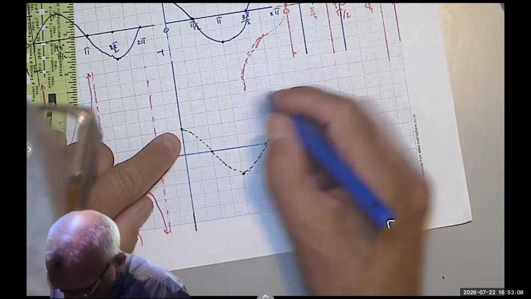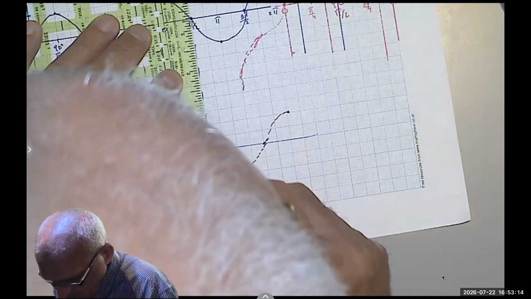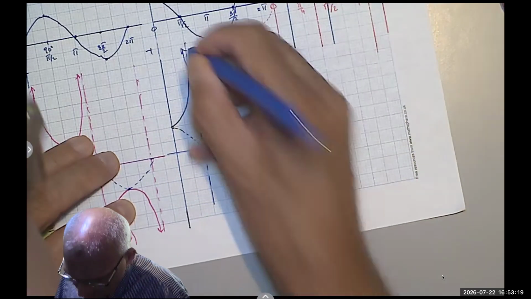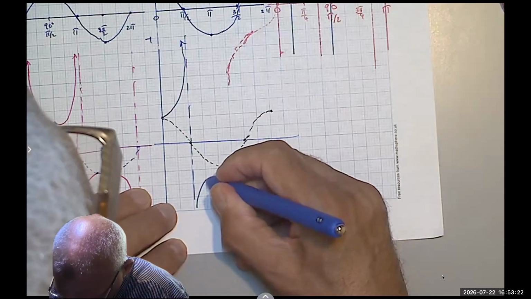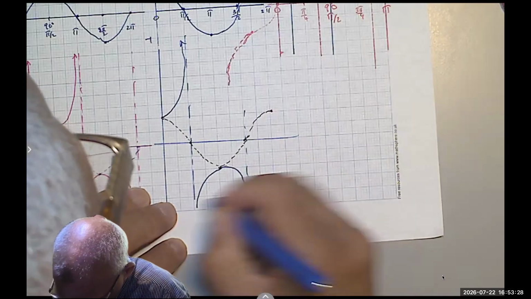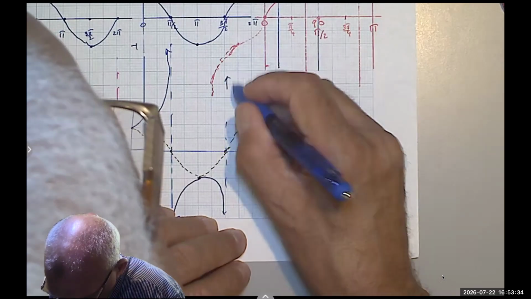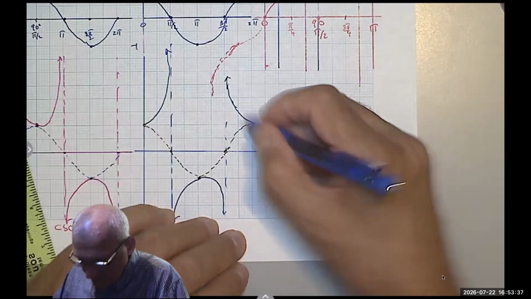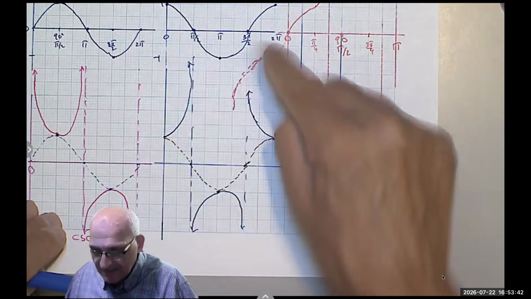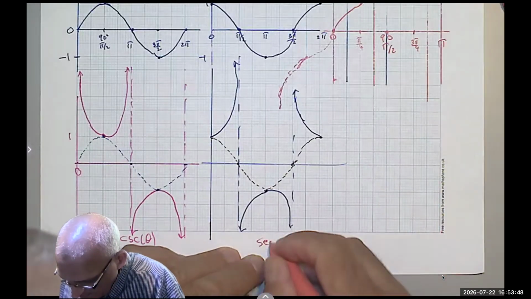Okay, so my graph starts at positive 1, and then goes asymptotic with this. And then it comes from negative infinity to 1, and then asymptotic with that. And then it comes asymptotic with this line, touches at 1, and then it will go back. And then I erase this. So that's the shape of the secant, secant theta.